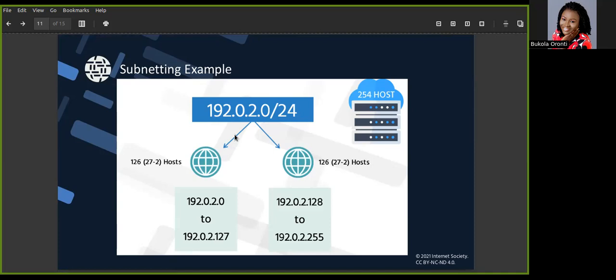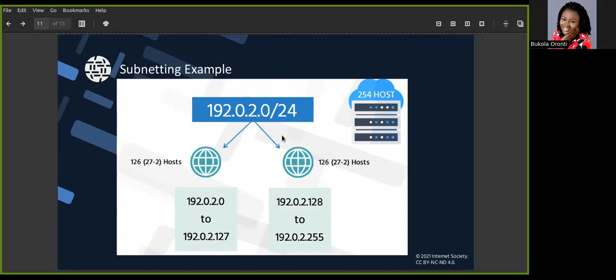Or fly by error or whatever. The best thing to do is to break that slash 24 into two different networks, such that when you send information from your host A to B, you have no fear of it getting to human resource or getting to manufacturing.